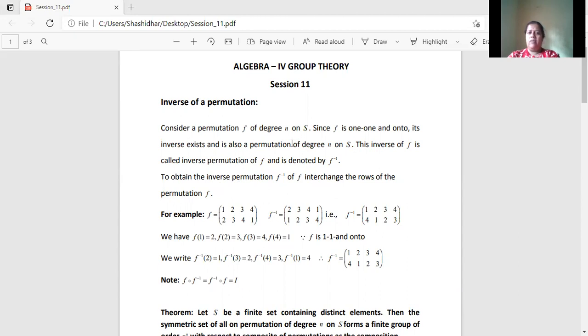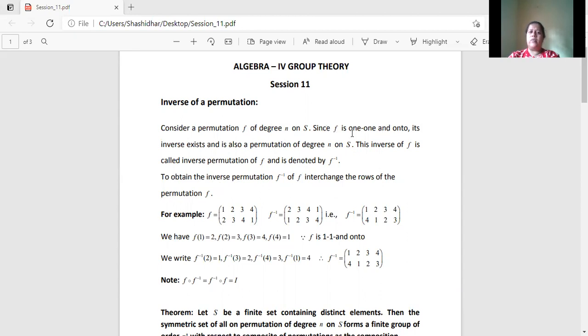That means here we have to take a non-empty, finite set S, and if we have the permutation f of degree n on this set S, which will be 1, 1 and onto.